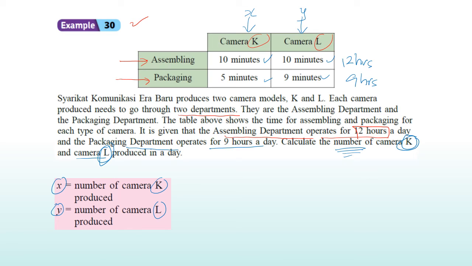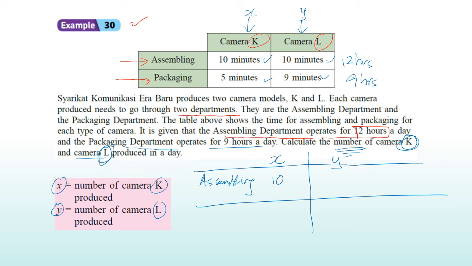So you just copy back the table. For assembling, you need 10 minutes for your X, and 10 minutes for your Y. So your time is 10 minutes, but how many you don't know, X, so it will become 10 times X. And for assembling 10 minutes for camera L, that is Y, so you times with Y.